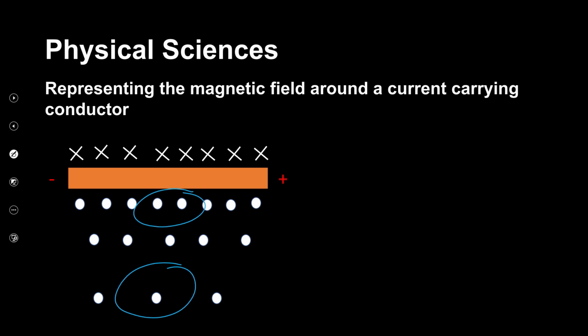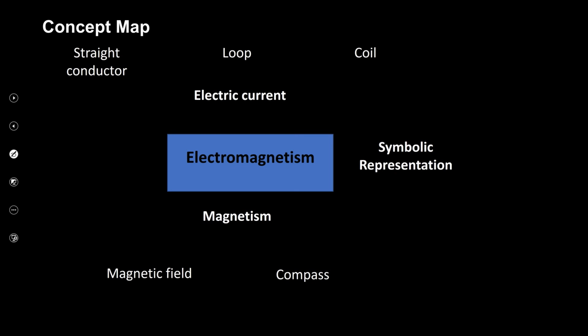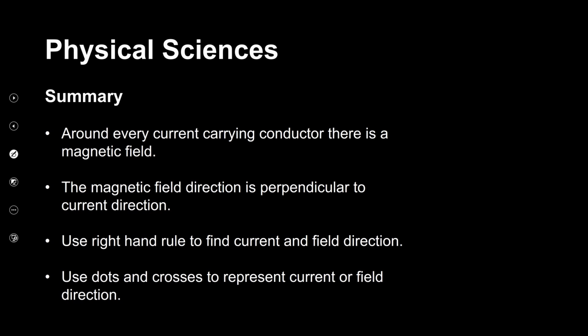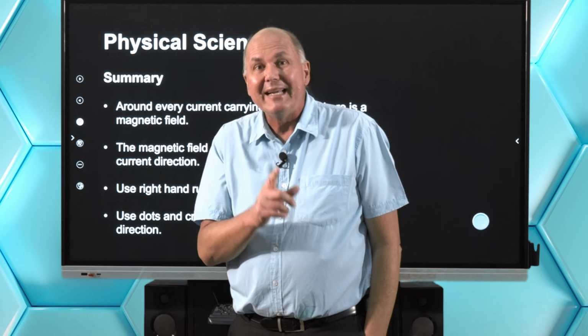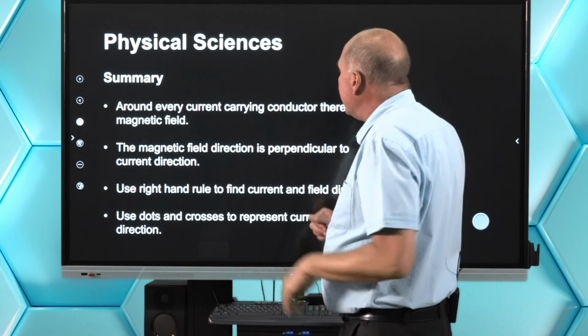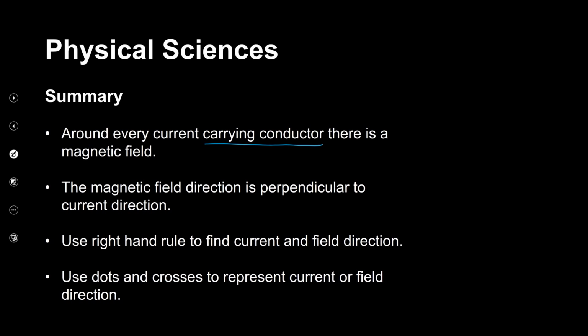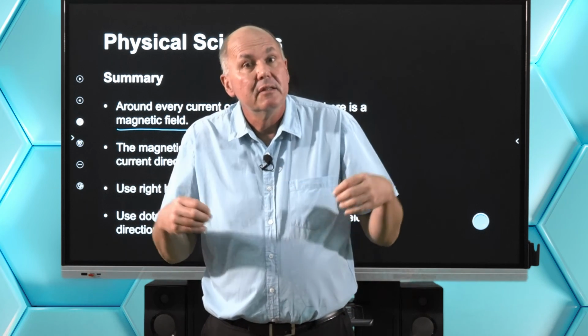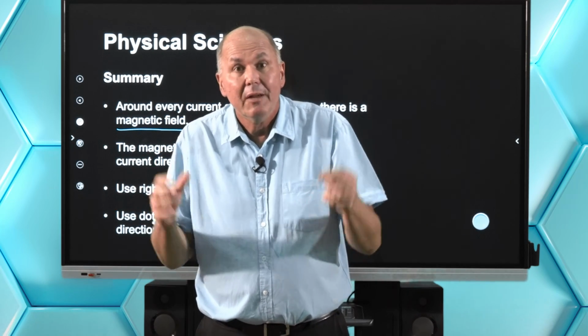Very good. Let's summarize our last few points. The summary is recognizing, first of all, that around every current-carrying conductor, there is a magnetic field. Guys, it doesn't matter how strong or weak the current is. If the current is very small, the magnetic field will be very small, but it's still there.